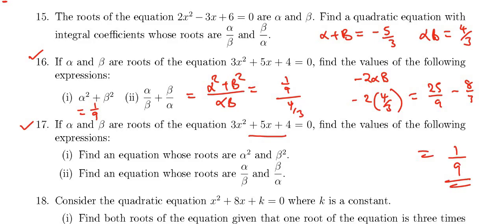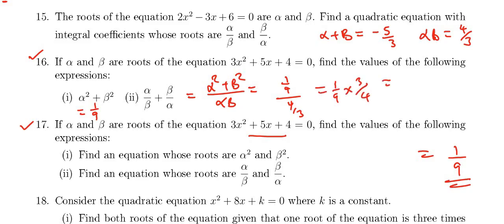So now if you're just evaluating these two, this is just going to be 1 over 9 multiplying 3 over 4. This will just give us 1 over 12. So that answers your number 16. Yeah, so number 16 has been answered.